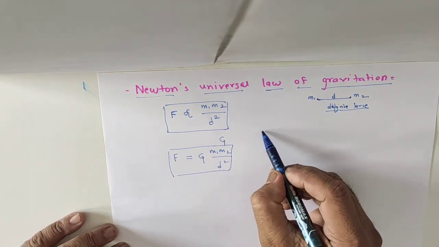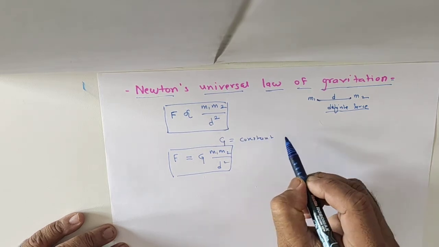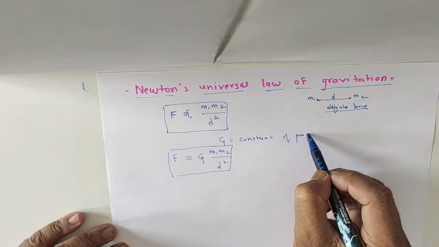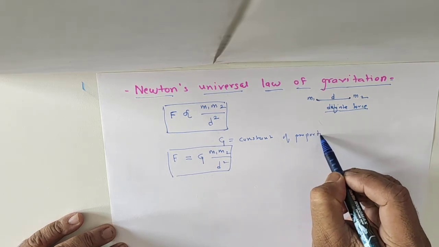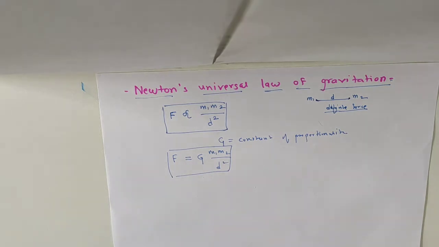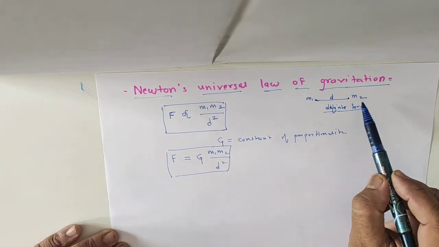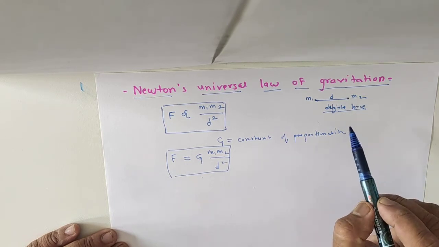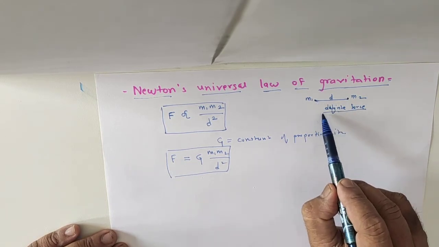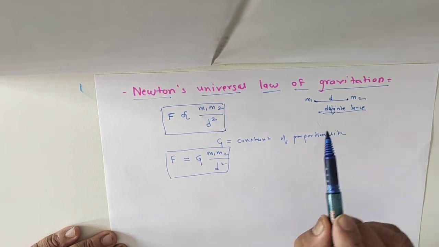Here G is nothing but the constant of proportionality. What I say? Newton's universal law of gravitation: every object in the universe attracts every other object in this universe with a definite force, and that force can be expressed like this.